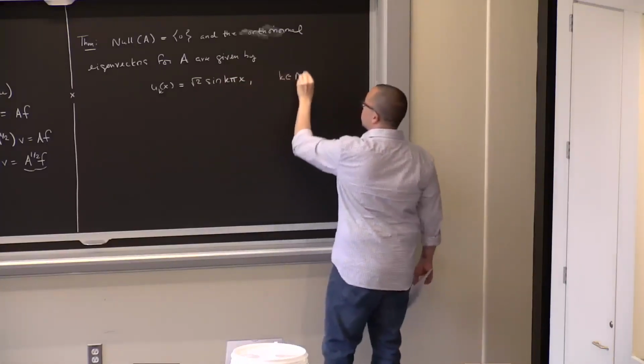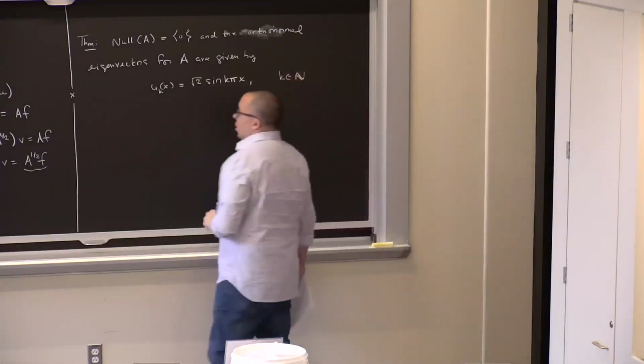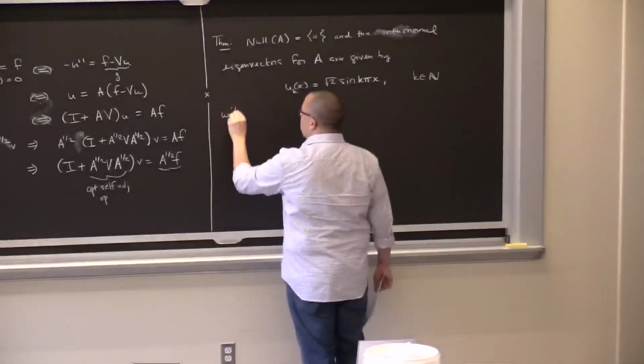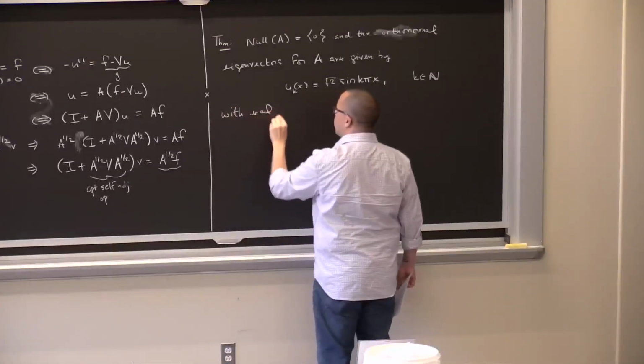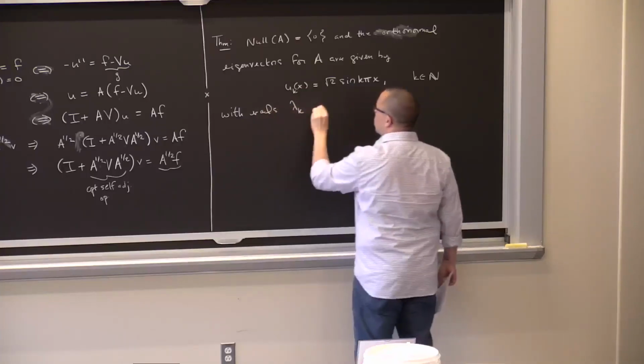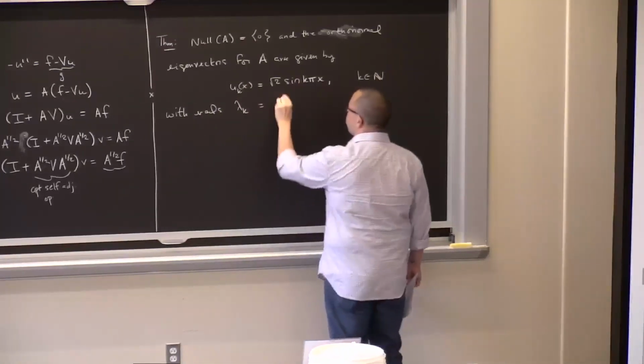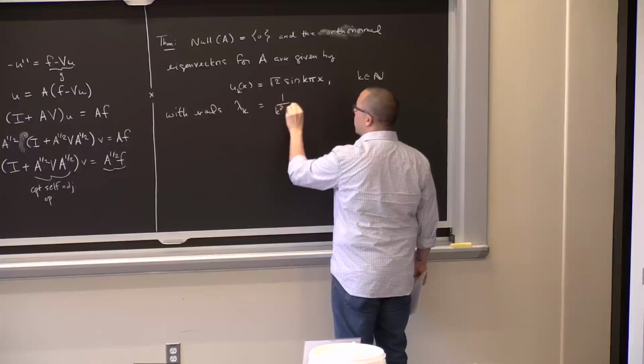Here, k is a natural number, with associated eigenvalues lambda_k equals 1 over k squared pi squared.